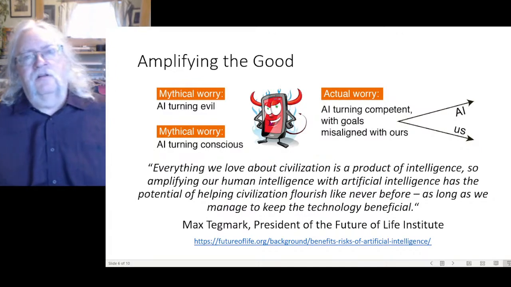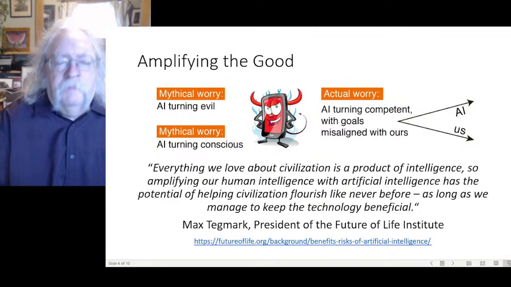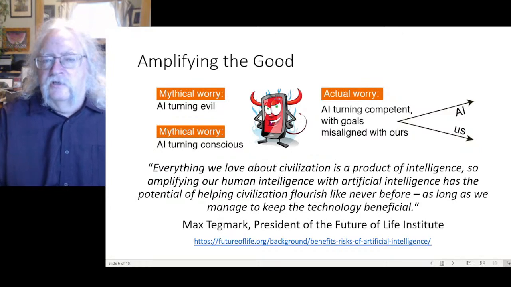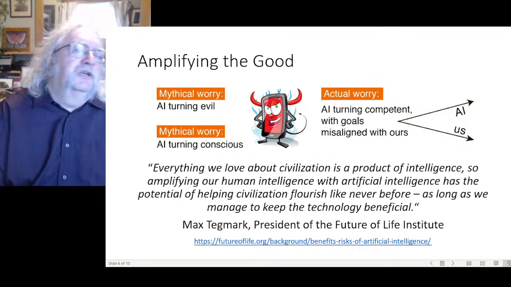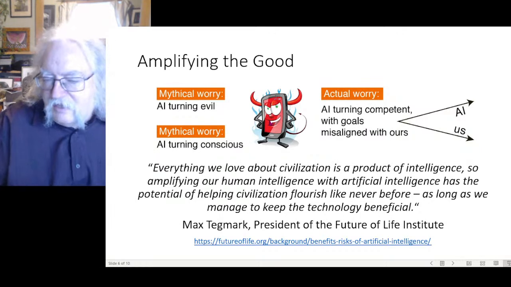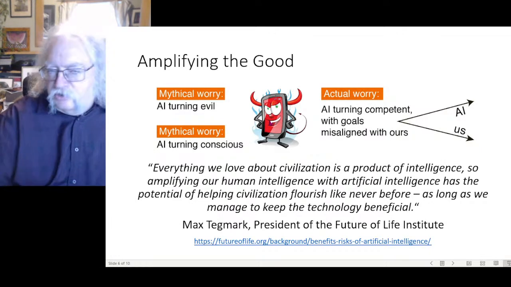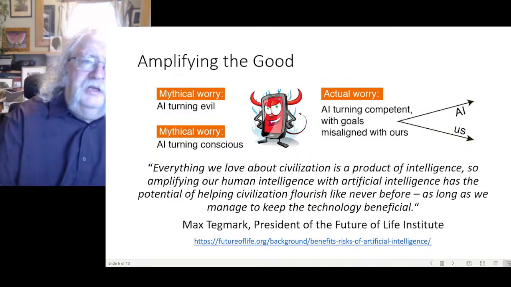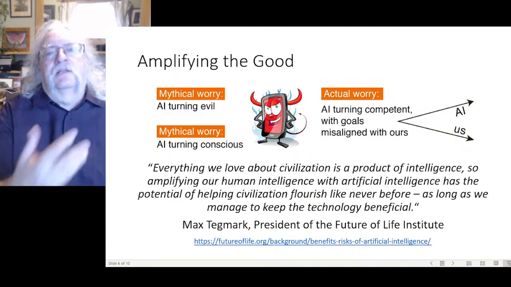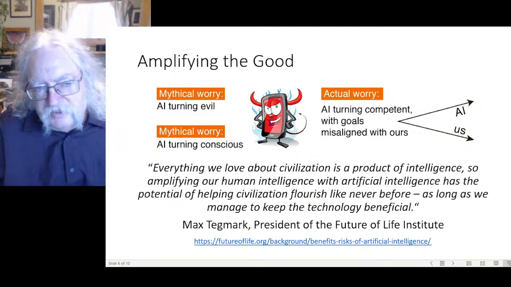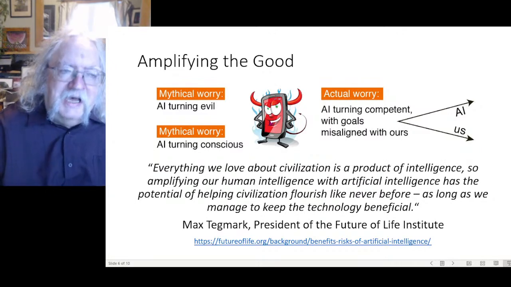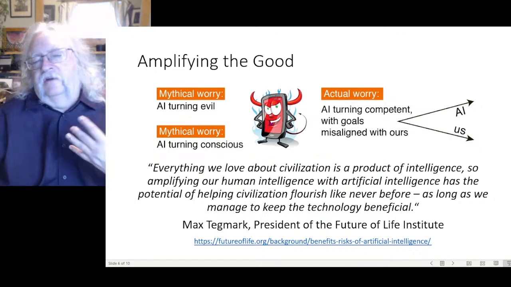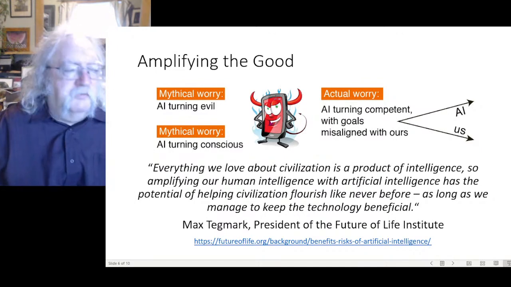It turns out that the way to increase engagement and interaction on a platform is to get people riled up and shouting at each other. And the way to do that is to amplify extreme statements or controversial opinions. So that's what it does. That's what it produces. So we can see how an AI could amplify the good in the same way that it is currently amplifying the bad.